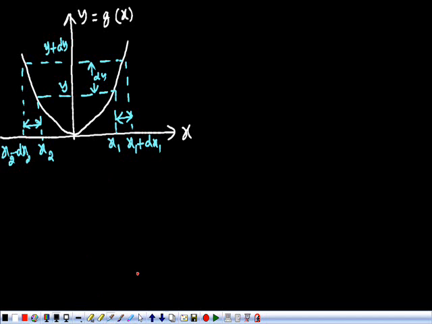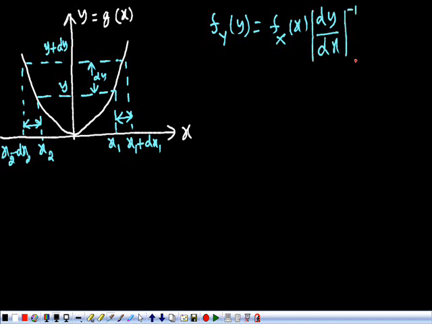Therefore, this summation should be, or this expression fy of y is equivalent to fx of x, this is dy dx, is it? We have the modulus at x equivalent to g inverse of. But here we have two values, x1 and x2.